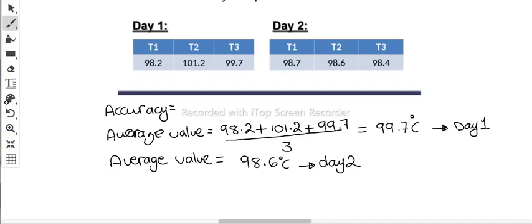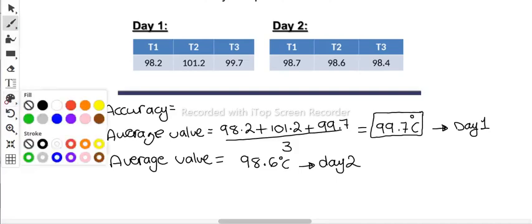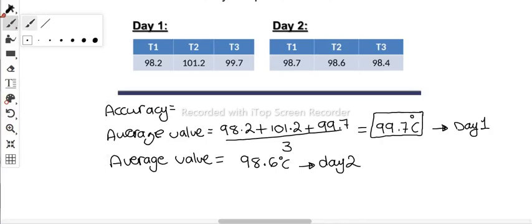So which one, in your opinion, is considered more accurate? Is it the data taken on day 1 or day 2? If you look at day 1, you're going to find that the average value is closer to my actual, which is 100. So what can I describe now? Considering the accuracy, I'm going to write that day 1 is considered as being, yes, that's right, accurate.